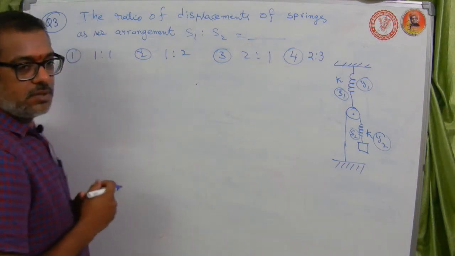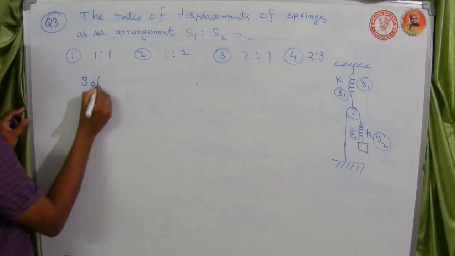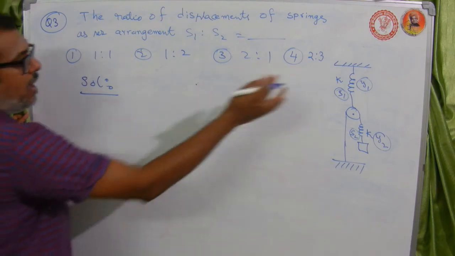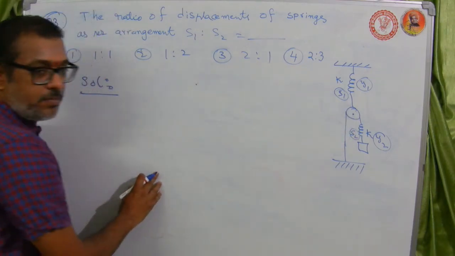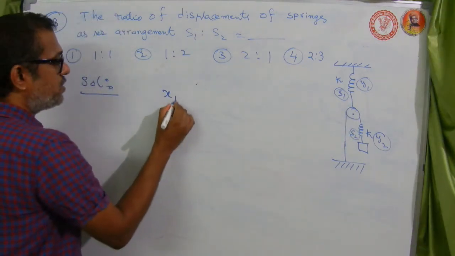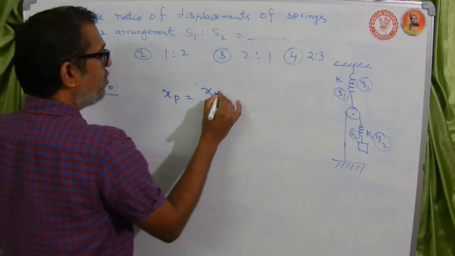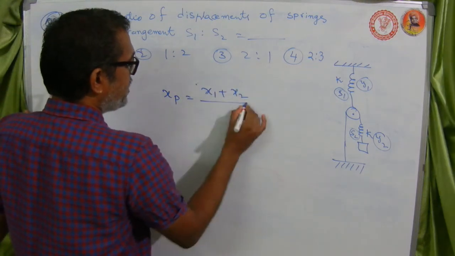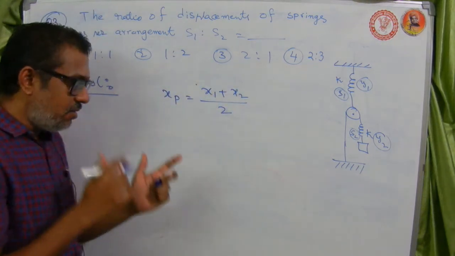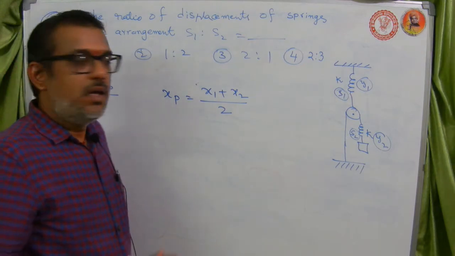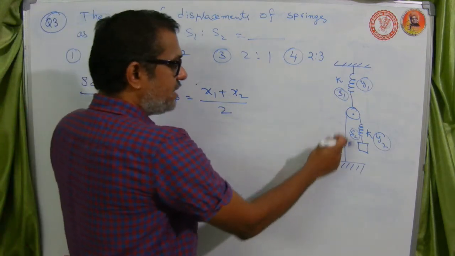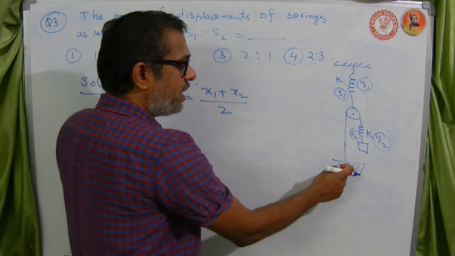How do we find this? The solution is like this. Let us apply the pulley constraint. What is the pulley constraint? The displacement of the pulley is always equal to the left side displacement plus the right side displacement, taken as an average. Here one end is arrested to the ground, therefore we can take it as 0.